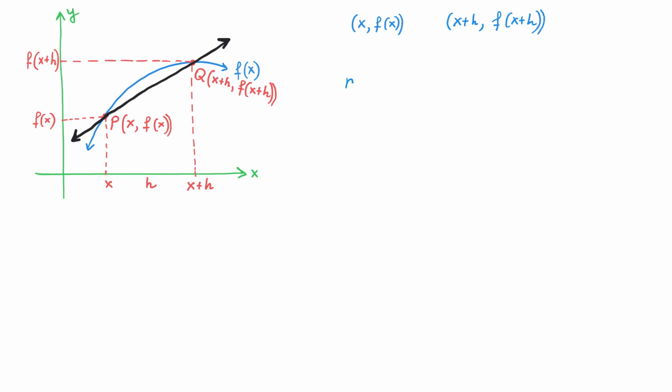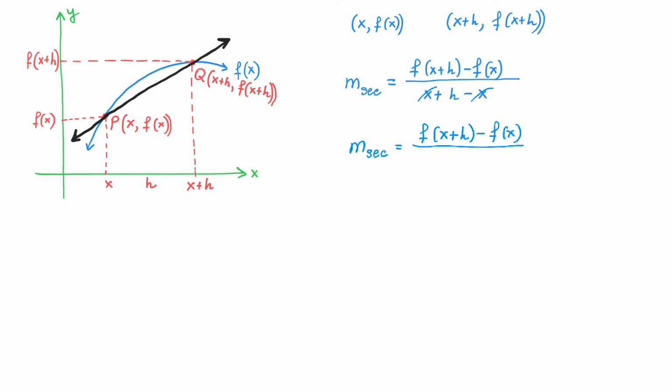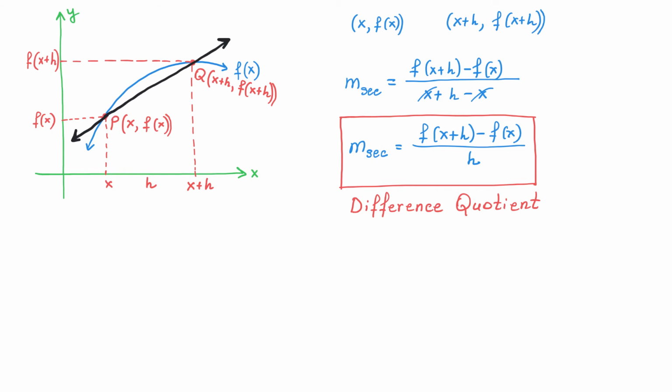Then the slope of the secant line, which is y2 minus y1 over x2 minus x1, will be f of x plus h minus f of x over x plus h minus x. In the denominator, x and negative x will cancel, and we will get that the slope of the secant line equals f of x plus h minus f of x over h. Now, this slope formula is also called the difference quotient.